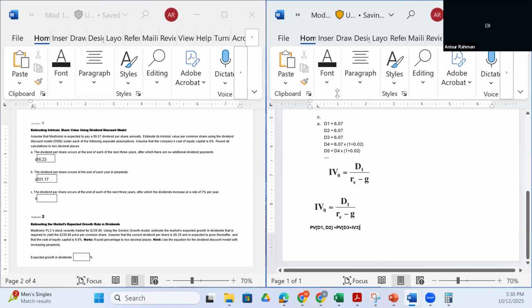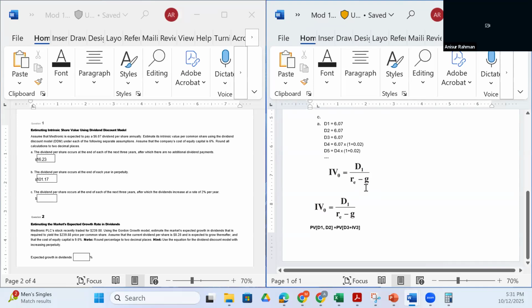Let me explain this. Our perpetuity starts from year 4, or after the end of year 3. So we need to use this formula for all the dividends after year 3.